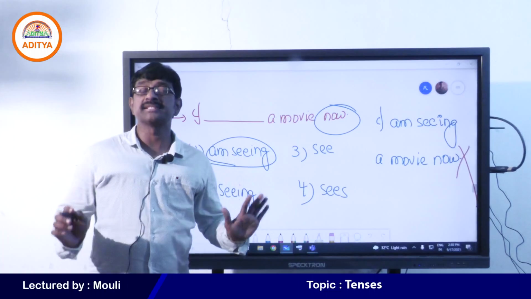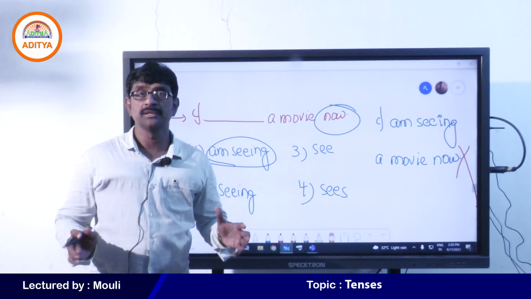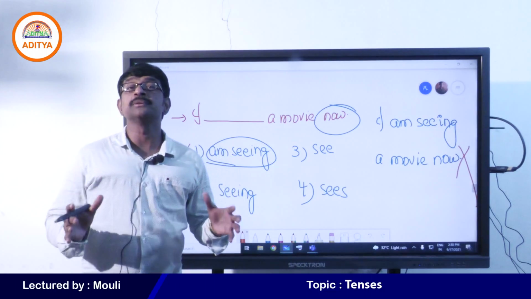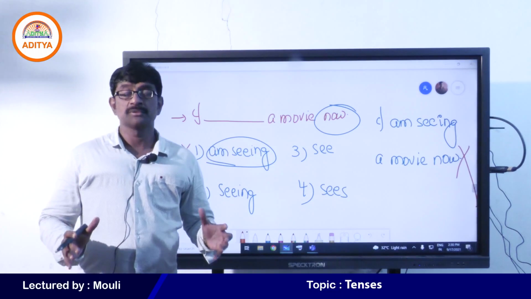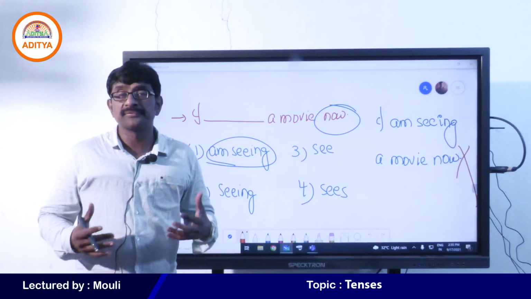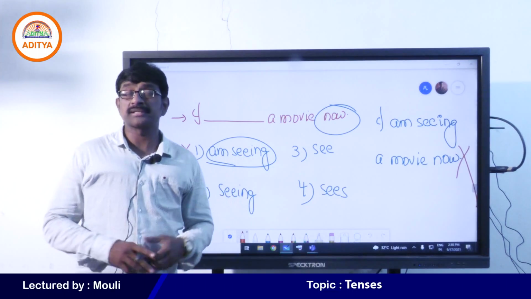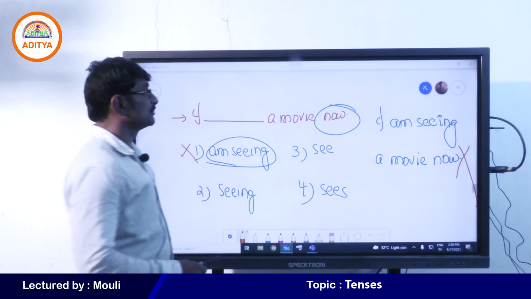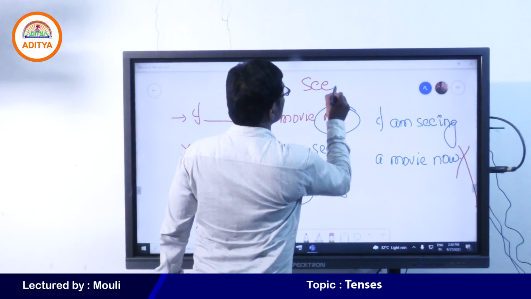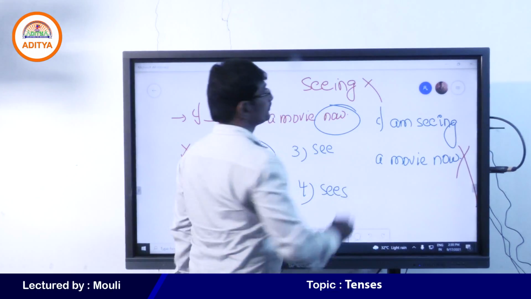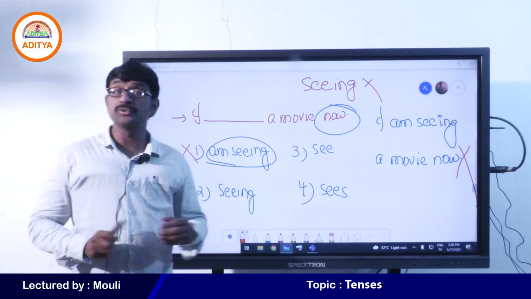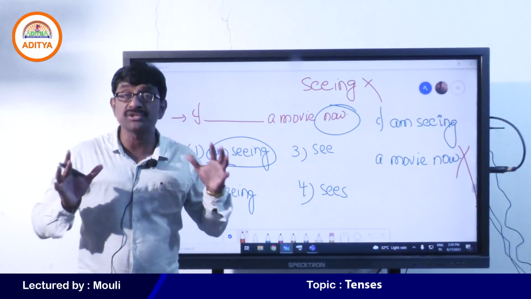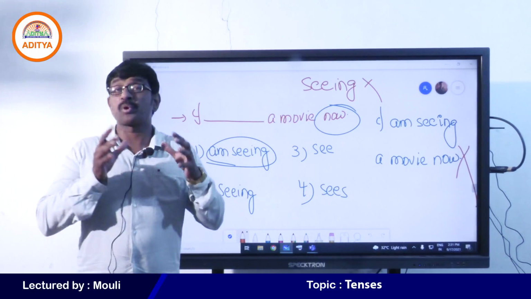But here now is there. So sometimes the verbs will compromise. That means instead of using a progressive tense, we can use some other word there. We cannot use seeing directly. Of course, students, I don't say it is not there, it is there. In many occasions we can use it, but not in the progressive tense.